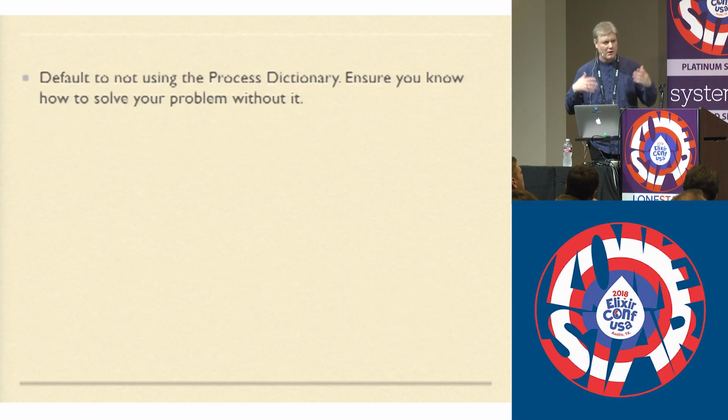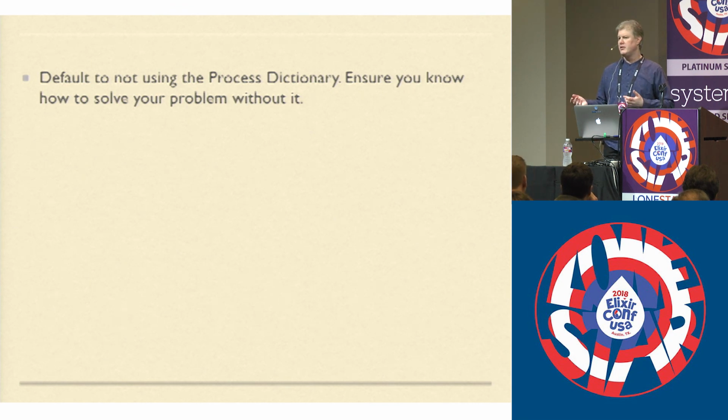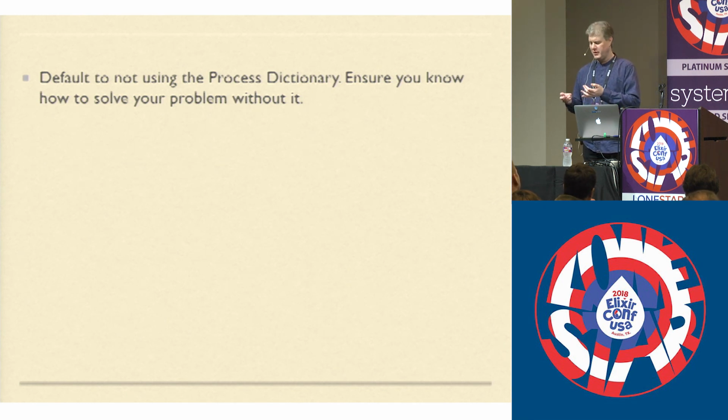Summarizing things, what I took away from this is that our default answer should be don't use it. If you're not used to functional programming yet, you don't want to use this as a crutch. You need to make sure you understand how to write a reduce loop and use the accumulator properly.